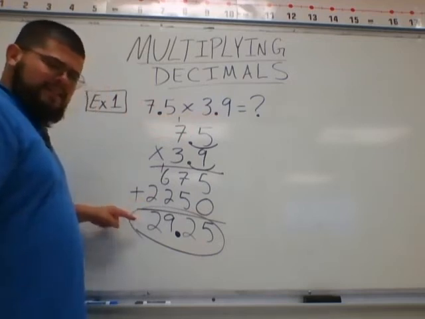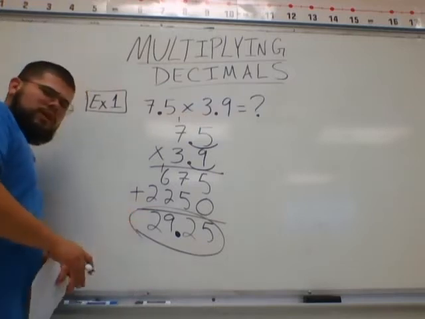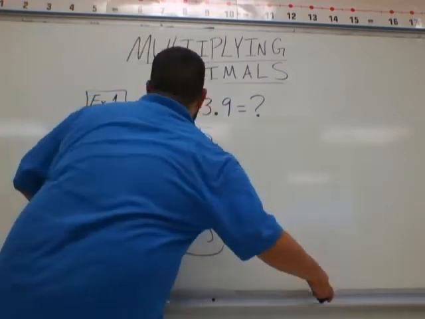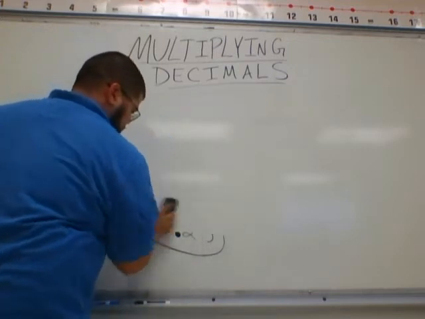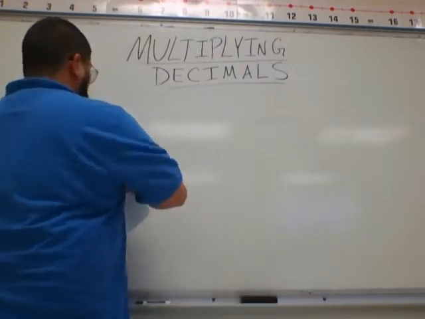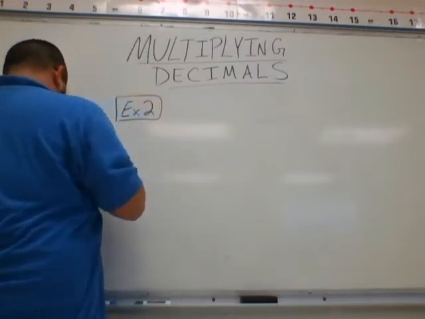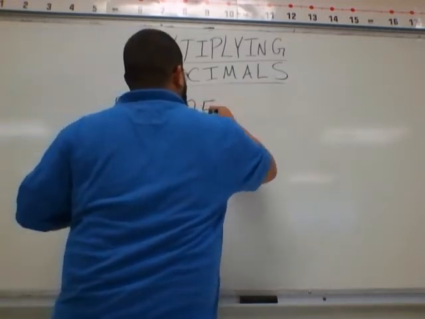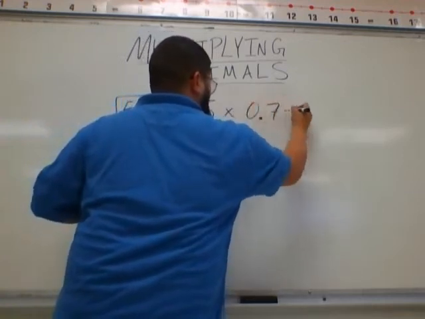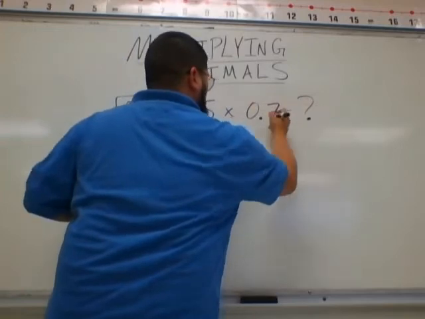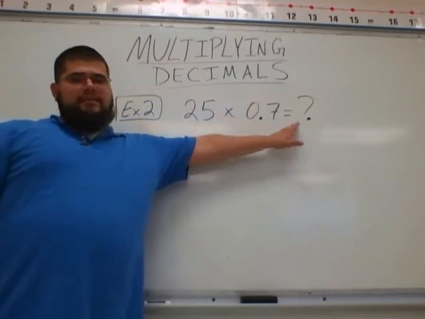All right. So we're going to move on to example number 2. Here we go. Our next example is 25 times 0.7 equals question mark.